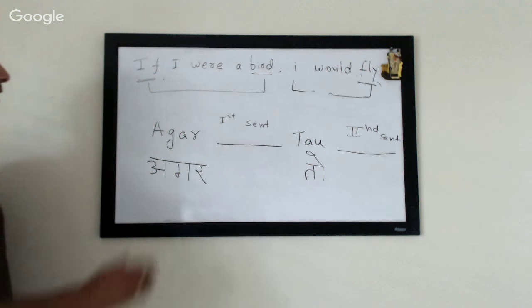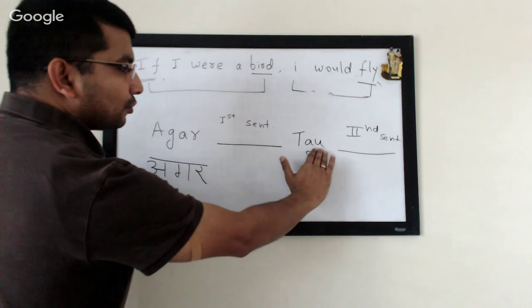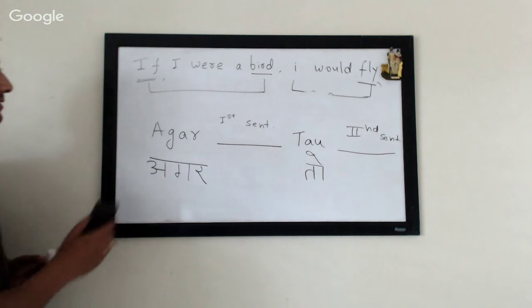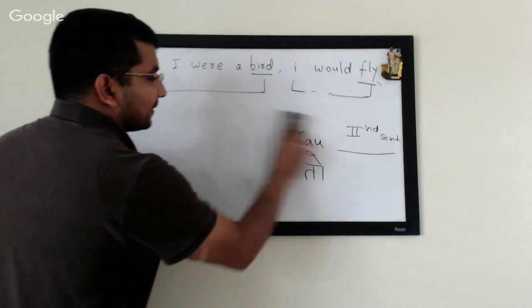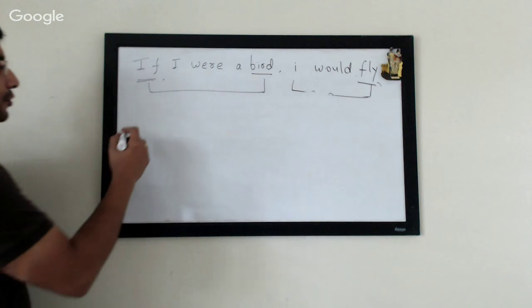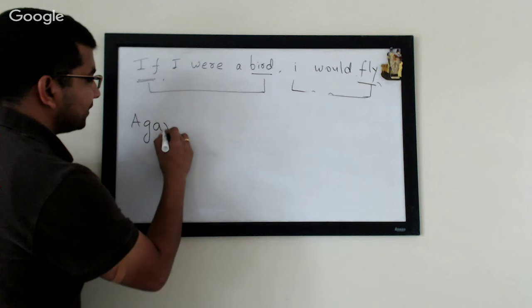And I'll fix it. Alright, so the structure is agar, your first sentence, to, and then your second sentence. Now let's learn to write the first sentence. So you have agar, which is by default in the structure, it will be there.